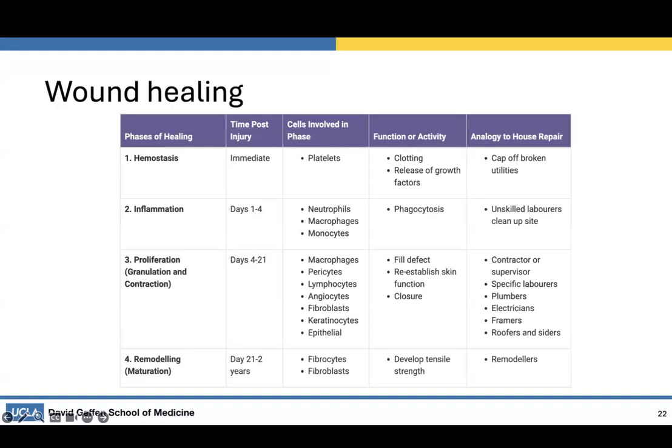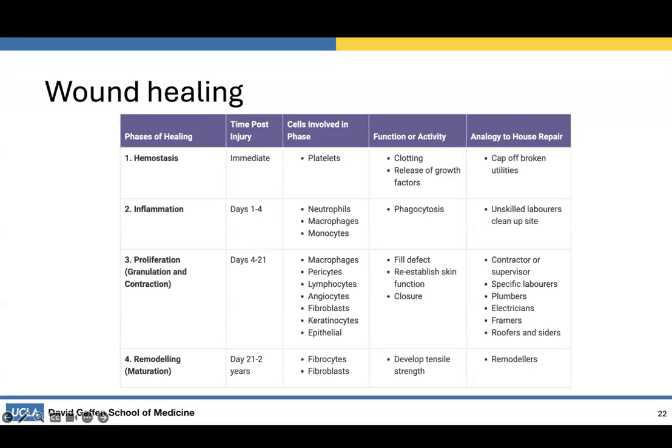The third phase is proliferation, and this happens starting around day 4 up to the 3rd week post-injury. And these use several different types of cells: white blood cells and bone cells, keratinocytes, and epithelial cells. And the function is to fill the defect, reestablish skin function, and close the wound.